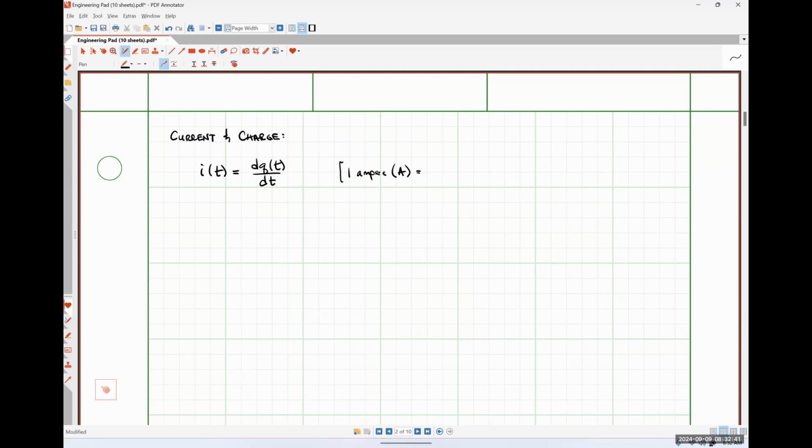And fundamentally, it is nothing more than 1 coulomb per second. So literally just charge per time. So if we wanted a definition for current, what does that derivative tell us?